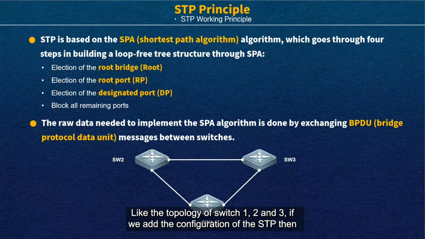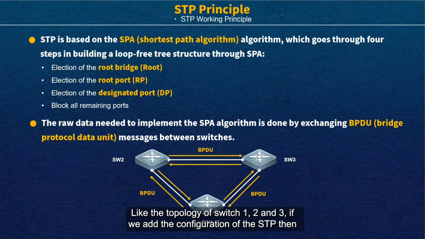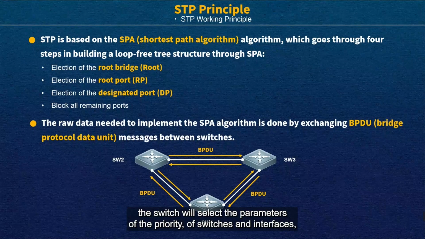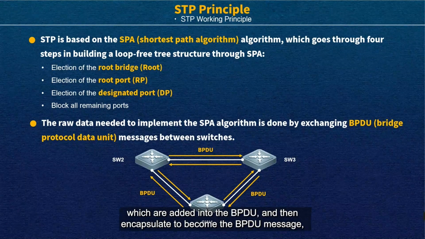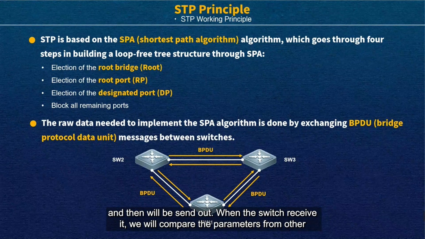Like the topology of switch 1, 2, and 3, if we add the configuration of STP, then the switch will add all the parameters, such as the priority of the switch and of the interface, into the BPDU, encapsulate it to become the BPDU message, and then send it out.